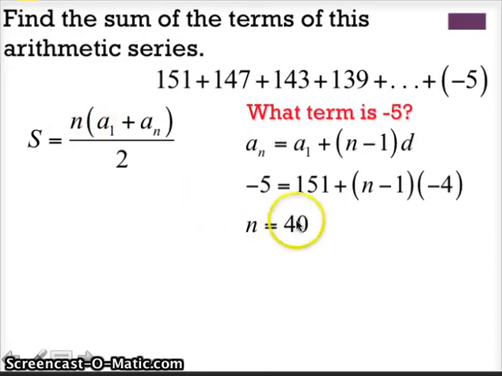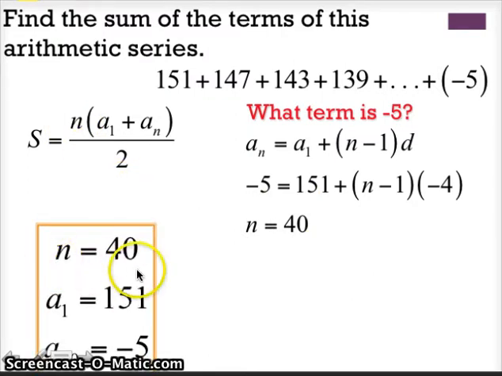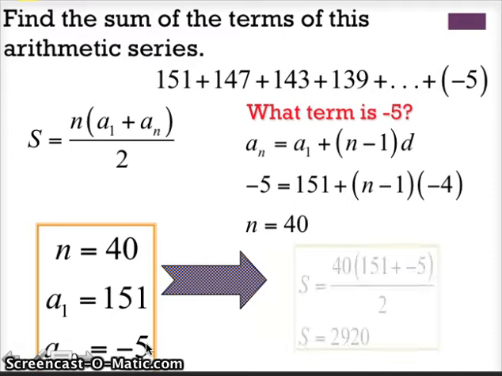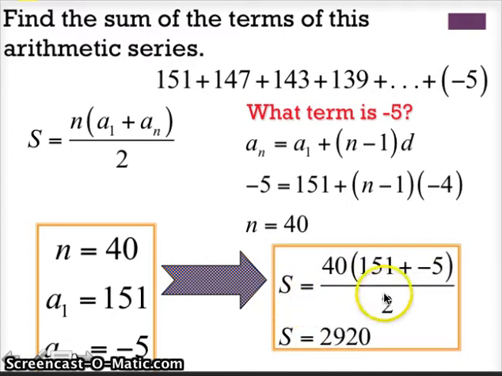So now that we know that -5 is the 40th term in the sequence, we can go ahead and use our formula, using n to be 40, a1 to be 151, and then a40 to be -5. Okay, we plug into the formula for sum of a series, and the sum of all those is 2,920.